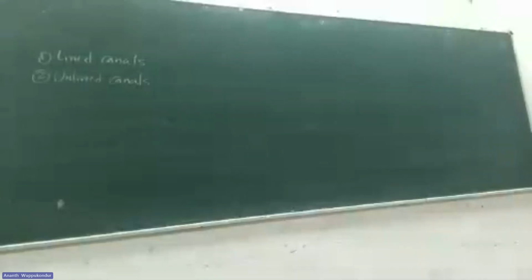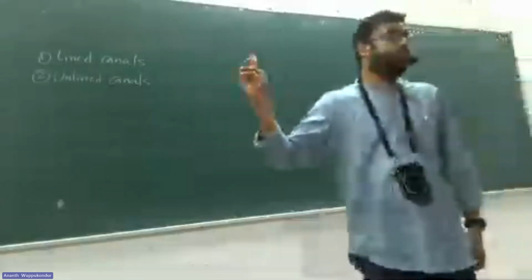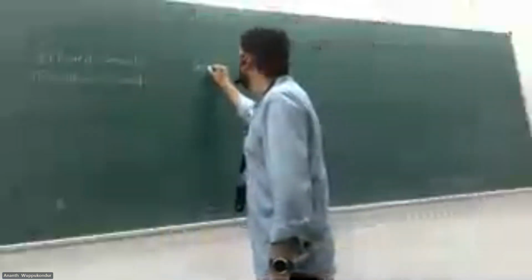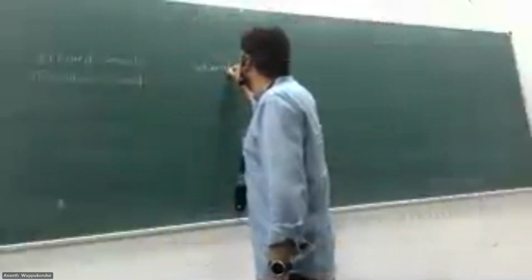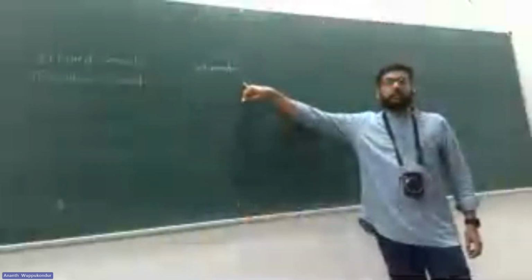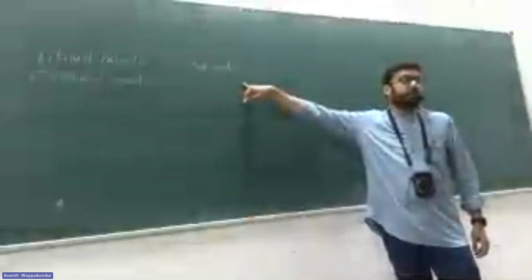So what happens in unlined canals? So what is the base material for unlined canals? So it's going to be sediments, right? So on the bed, it's going to be sediments. Now what happens when the flow has high velocity that is flowing over the sediments?